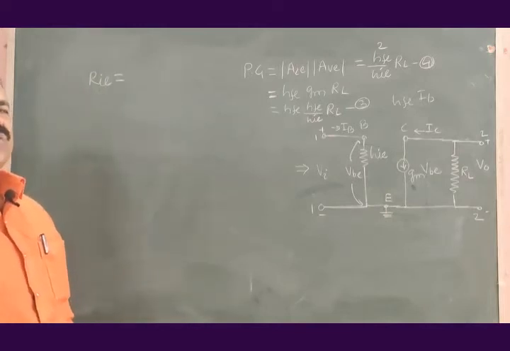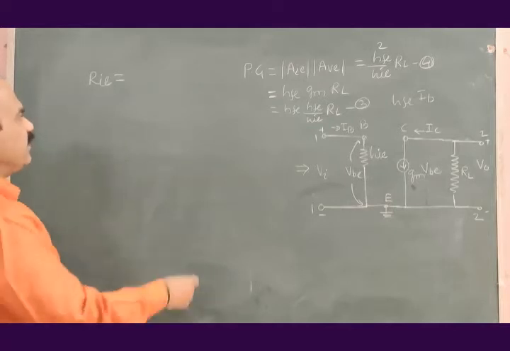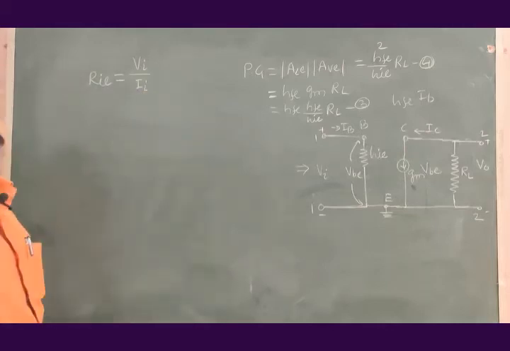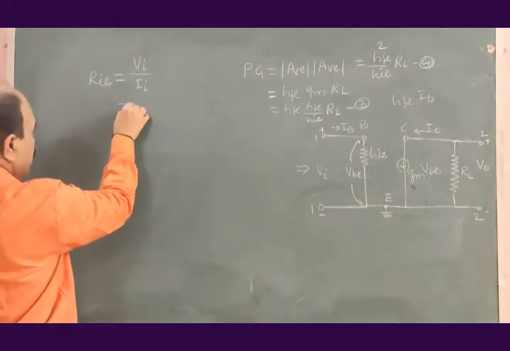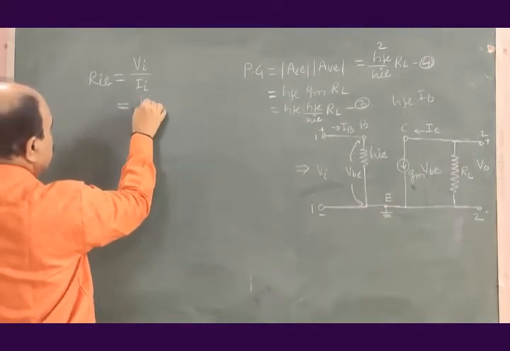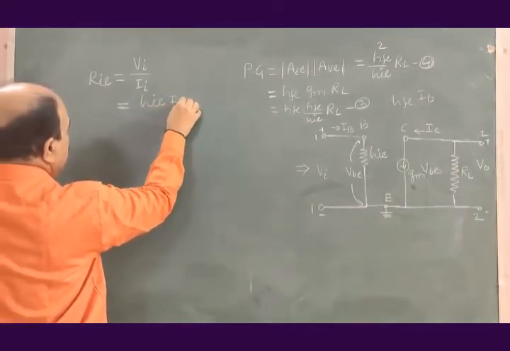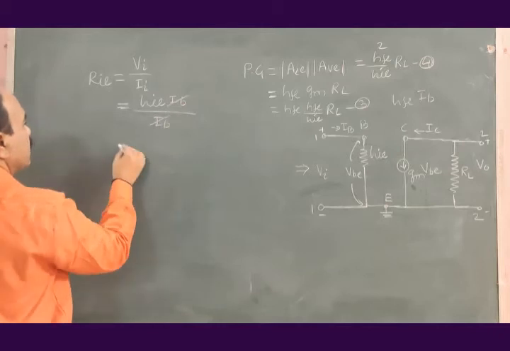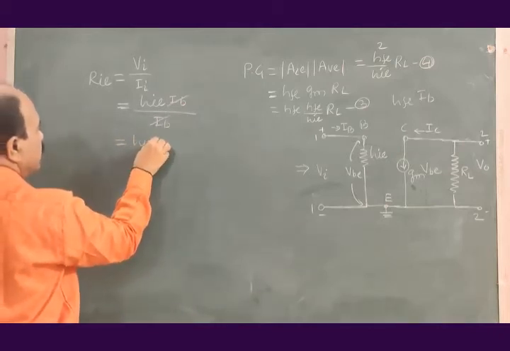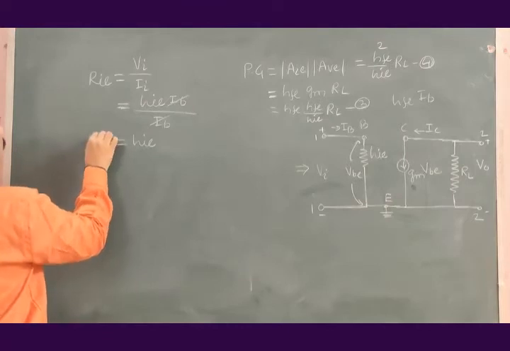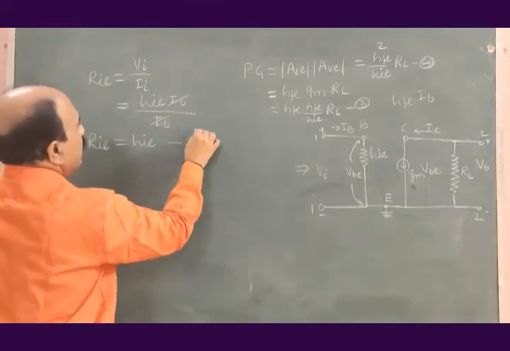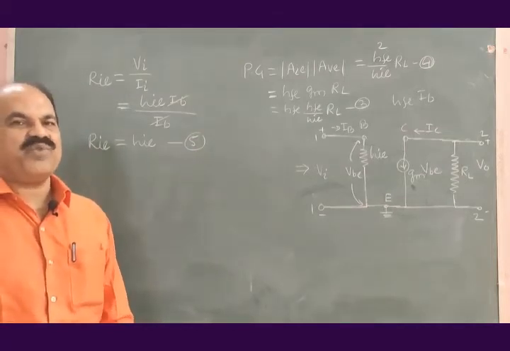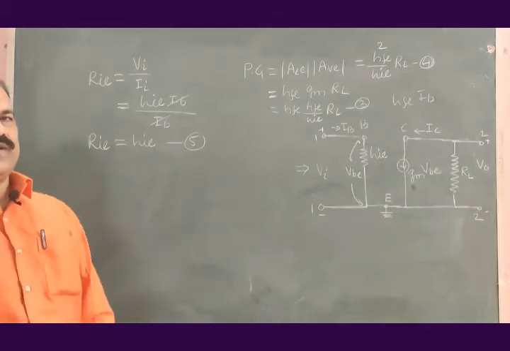What is input voltage? Input voltage is HIE IB, input current is IB, IB gets cancelled, and what is left is RIE equal to HIE, equation number 5. This is the input impedance or input resistance of the common emitter amplifier.